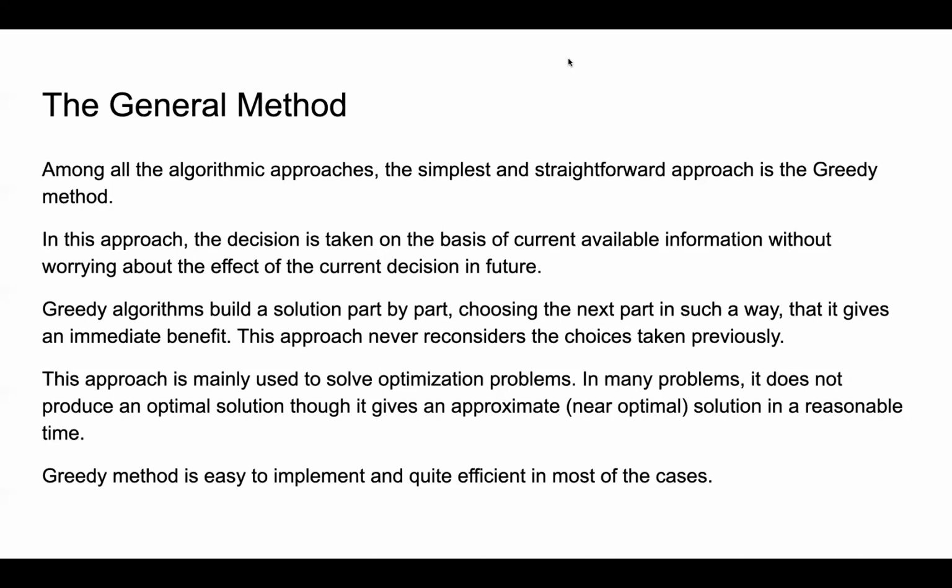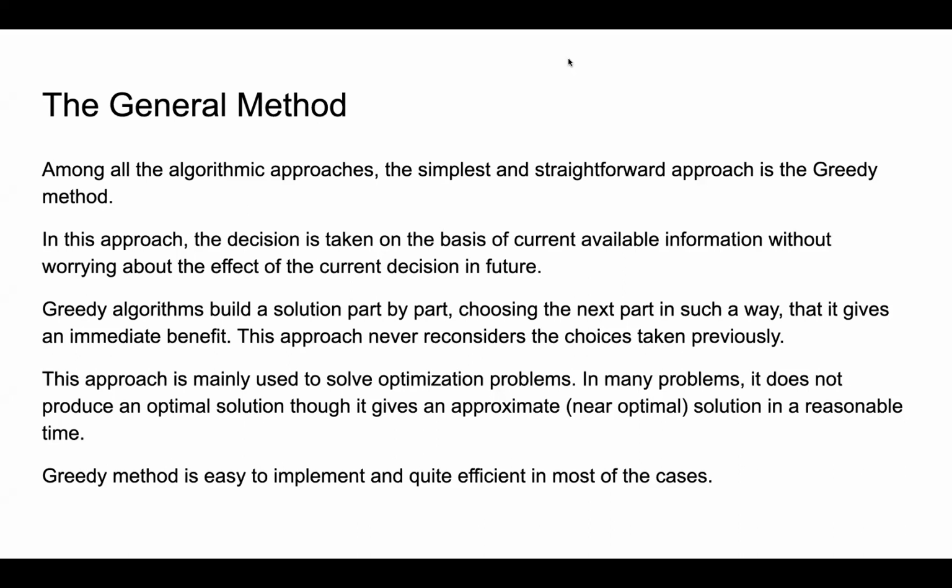That is, in this approach, the decision is taken on the basis of currently available information without worrying about the effect of the current decision in future. How is the decision taken? On the basis of currently available information.